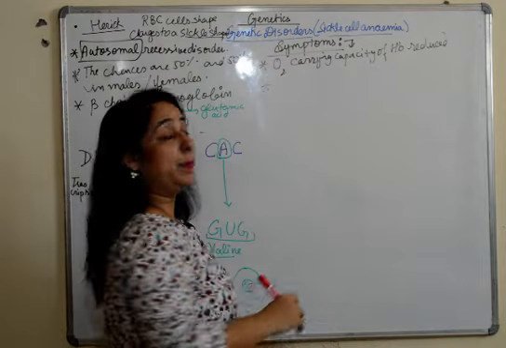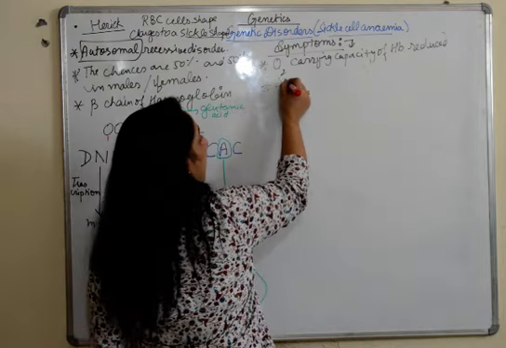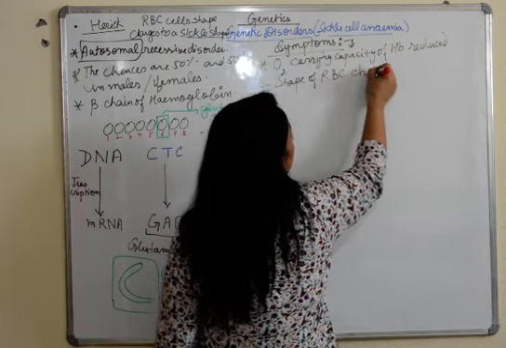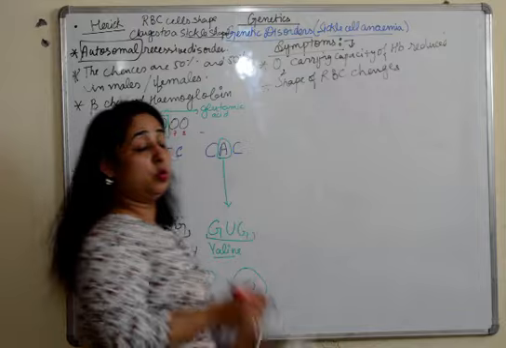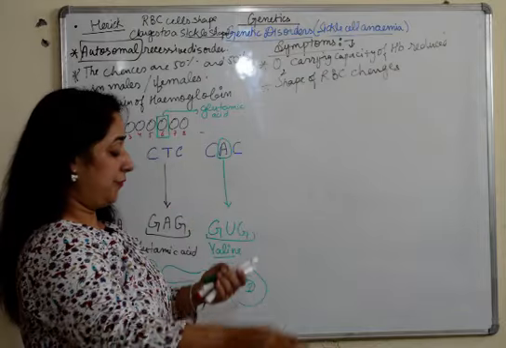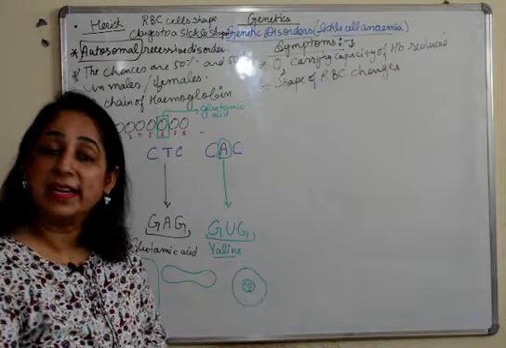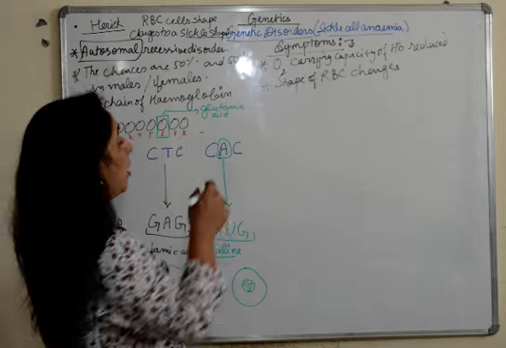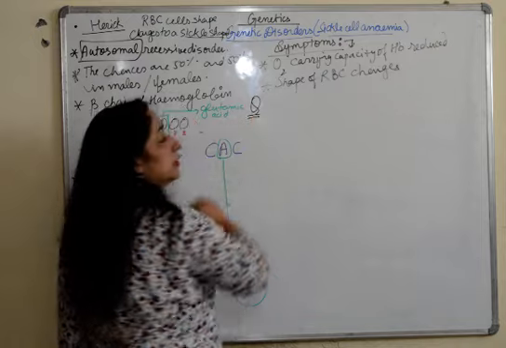And the second would be that the shape of RBC changes. So these are the two symptoms which occur when the person suffers from sickle cell anemia, when this point mutation has taken place. Now how do we get these questions?